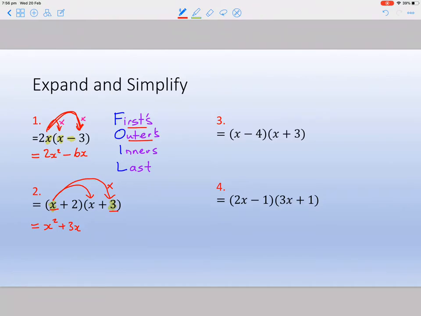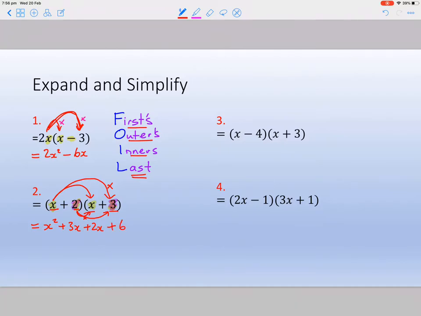Okay. Next one is inners. See how these two are on the inside, so we're multiplying those together. So that's going to be 2 times x, and if you said plus 2x, that would be correct. And the last one we're going to do is the last one, so the last ones of both the brackets. So that's going to be here times there. So we're multiplying 2 times 3, and that should be pretty straightforward, it's 6.